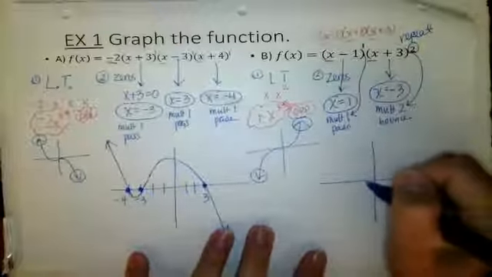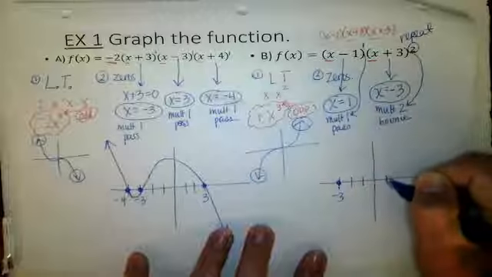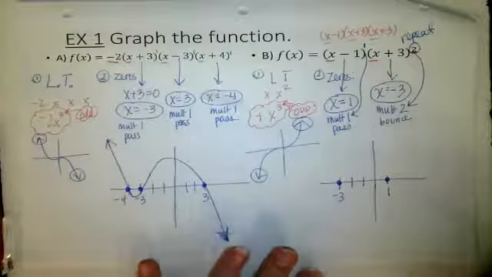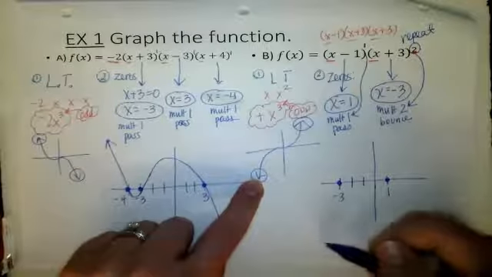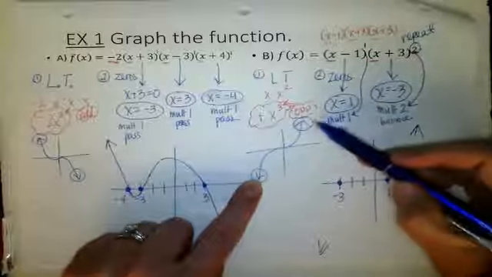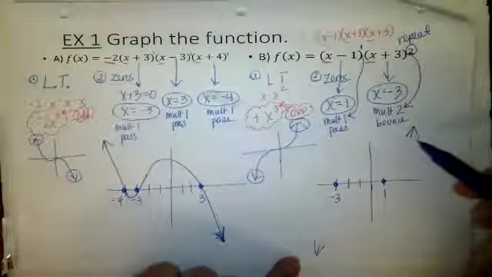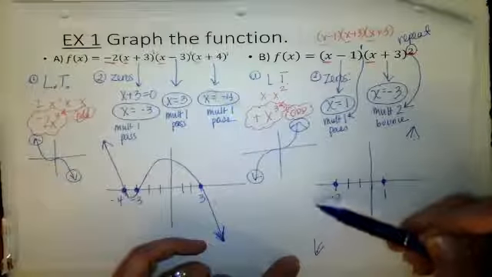So I'm going to go ahead and plot my zeros here. I have a negative 3 and a positive 1 on my x-axis. And I know my arrows start low on the left and are going to end high on the right, just like my leading term told me to do. Now, I always graph from the left.